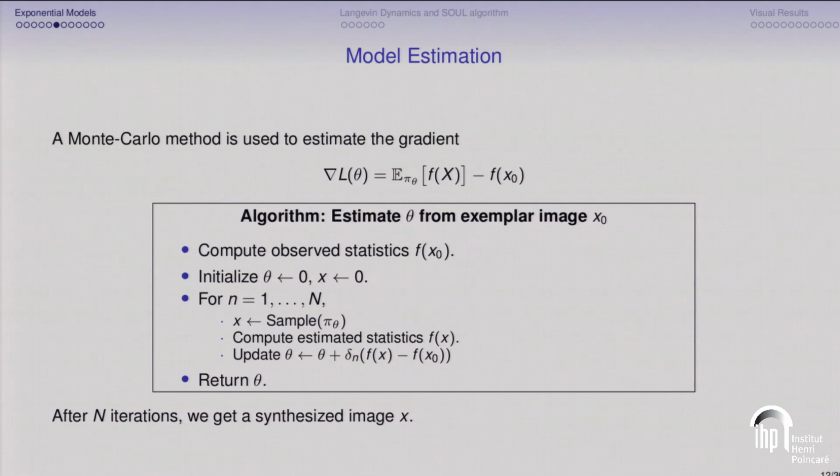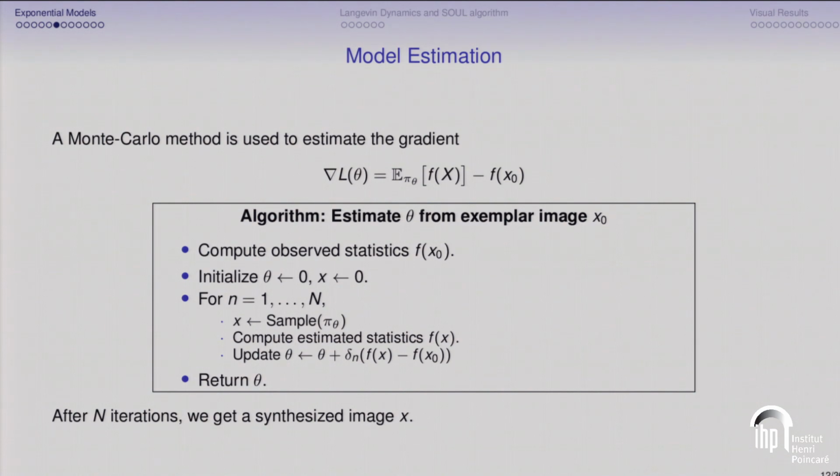Okay, so the algorithm will read as this. You do a gradient descent, and at each step, you need a sample of pi theta x, and you will approximate your gradient with f of x minus f of x0. And you update, and fortunately, you will converge to something.